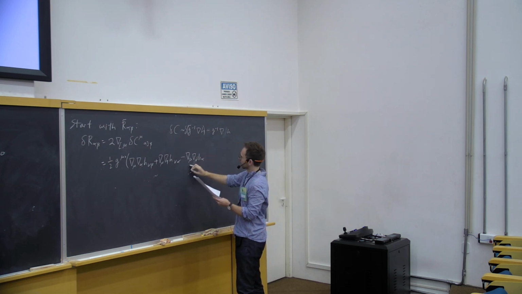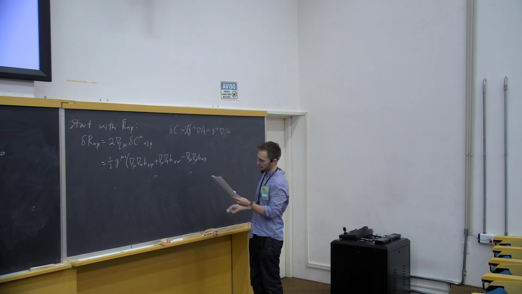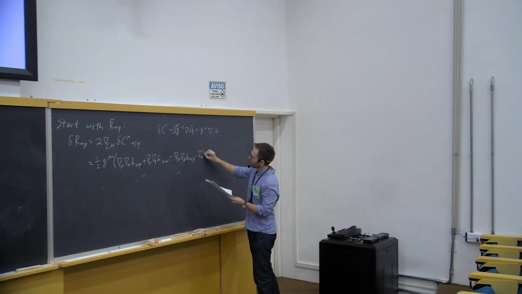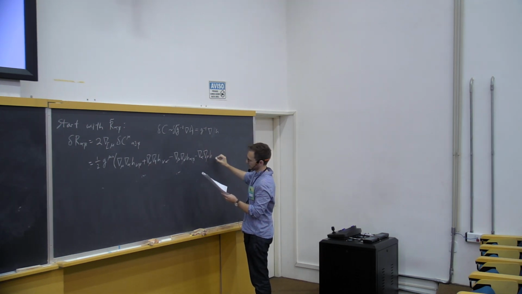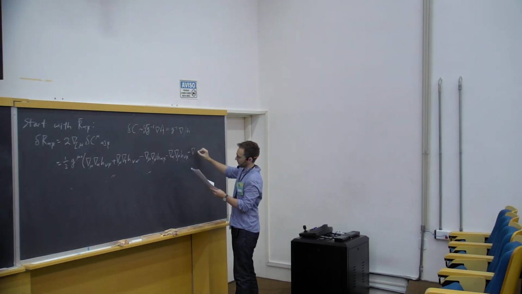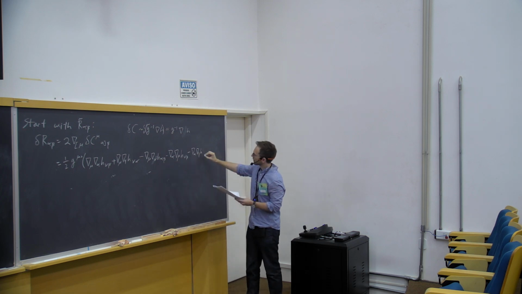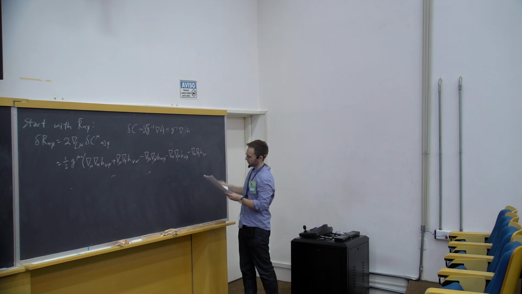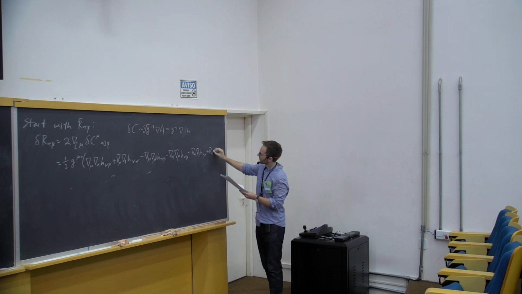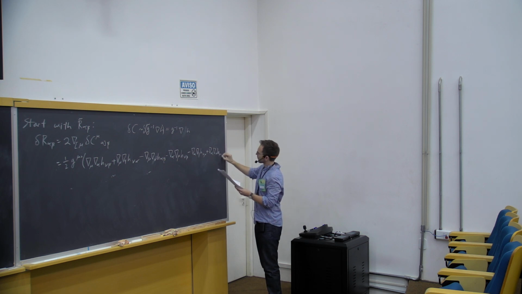So grad mu, H alpha beta, minus grad alpha, grad mu, H nu beta, minus grad alpha, grad beta, H nu mu, plus grad alpha, grad nu, H mu beta.